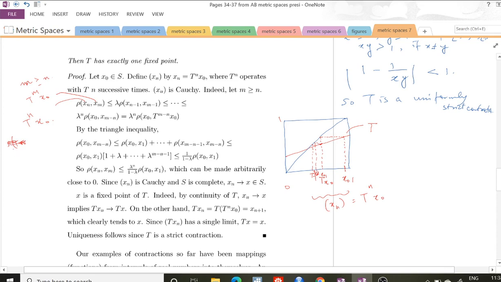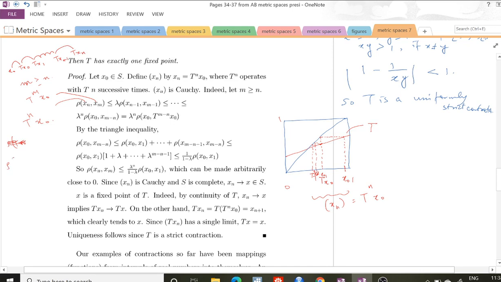How do I get n hops? So I start with x naught, I hop to Tx naught, I hop to Tx1, keep hopping, and I arrive at Txn minus 1, and one more hop brings me to Txn, right?